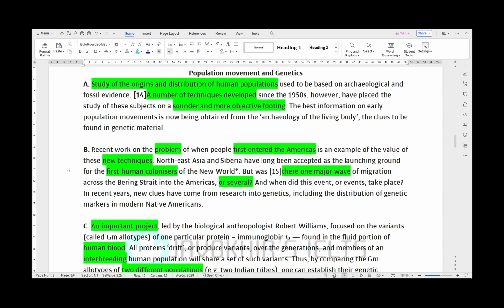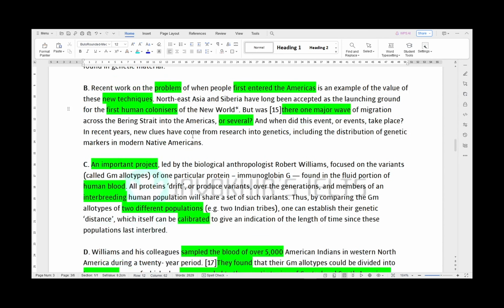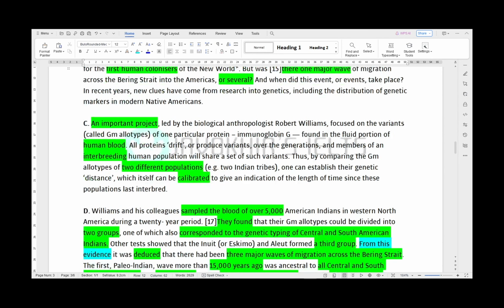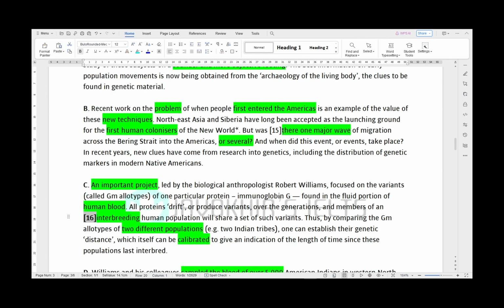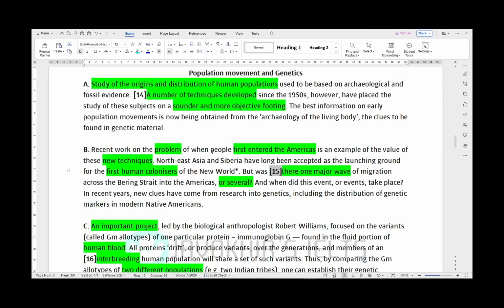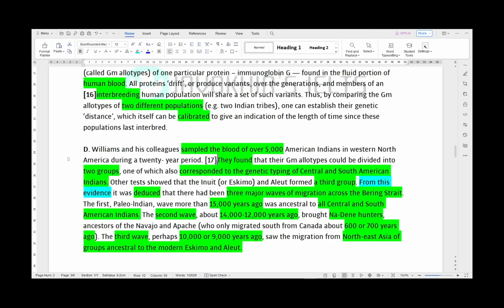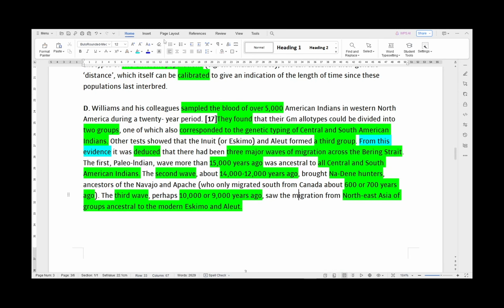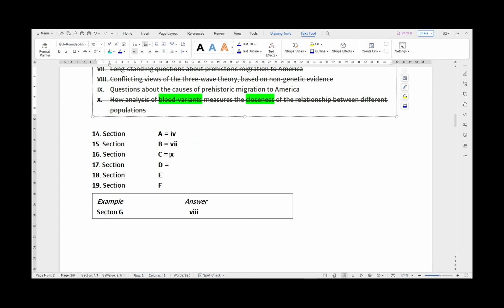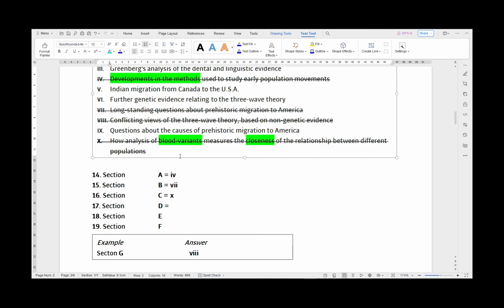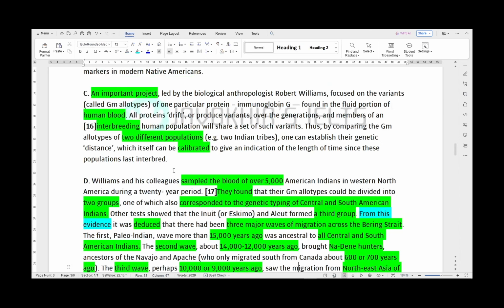All right. And C, the words two different populations and stuff like that, interbreeding, and we have number 16. We're going to take that, and I'm going to make it slightly bolder, so it's easier for us to navigate through the answers. So okay, 17, there we go. And then option D, that's basically what we chose. So we chose D.